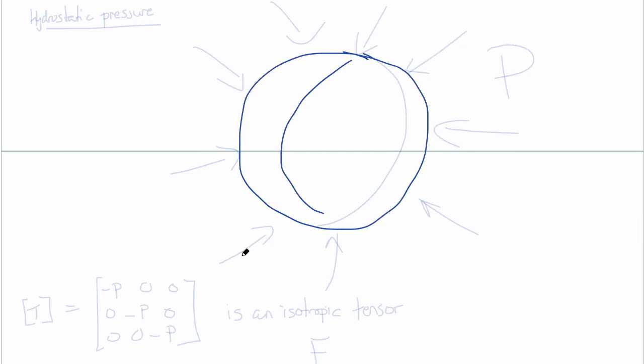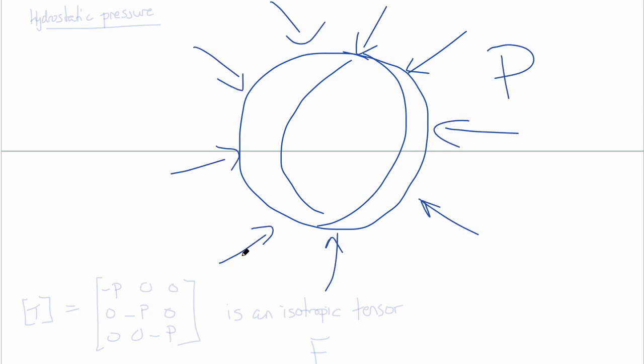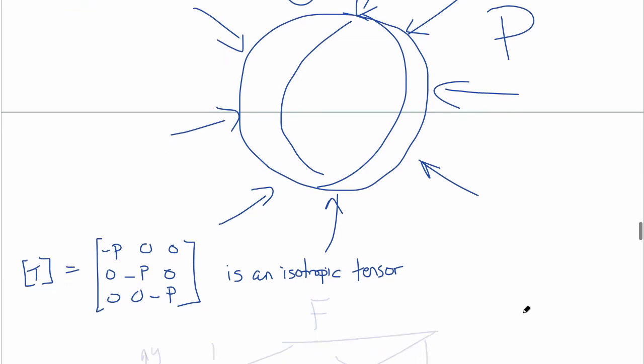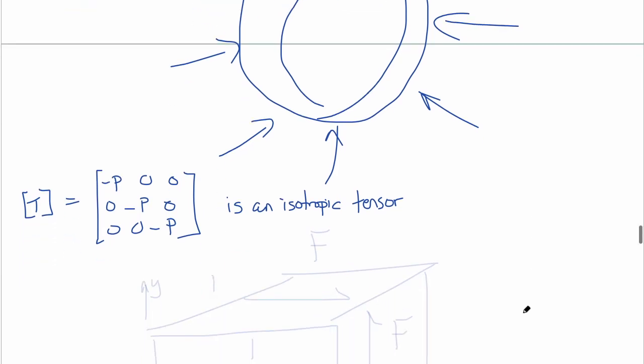So imagine this is a sphere with pressure acting in on all directions, P. This P is a negative stress. It's normal to the surface everywhere. And so the components of this hydrostatic stress case are just minus P, minus P, minus P on the diagonals. So these are not only principal stresses, but this is also an isotropic stress tensor because it's the same in every frame of reference.